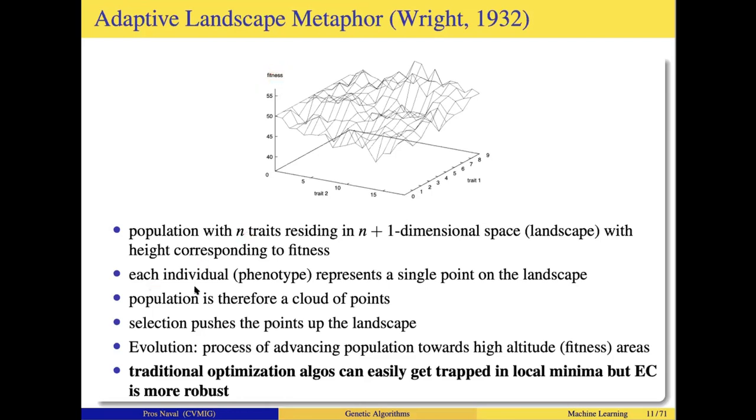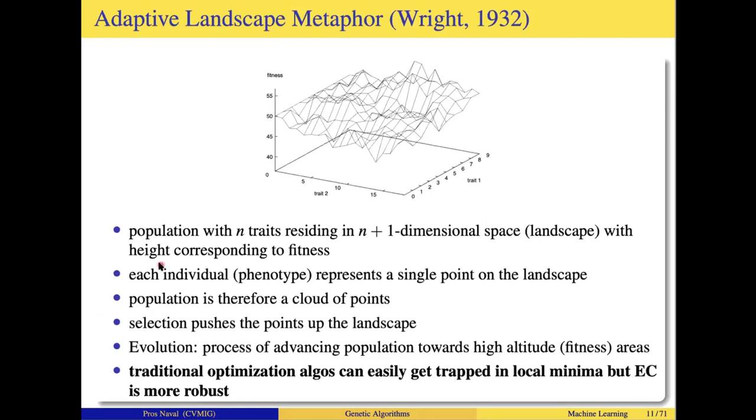So each individual represents a single point on the landscape. So in this case, the entire population of individuals will be a cloud of points. The selection process pushes the points up the landscape.